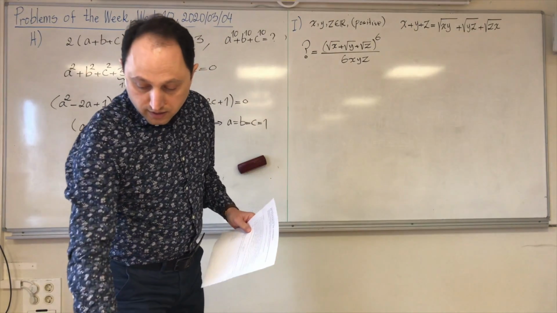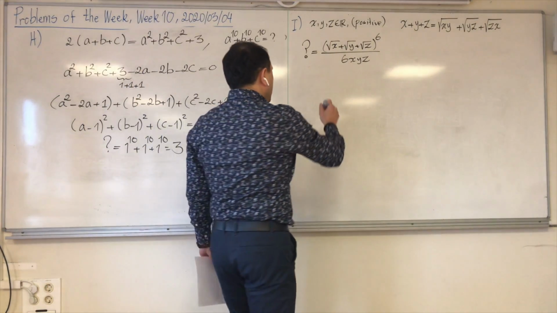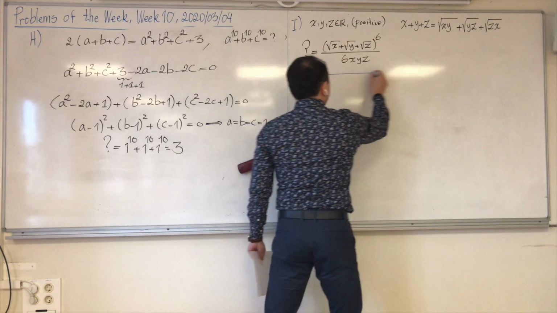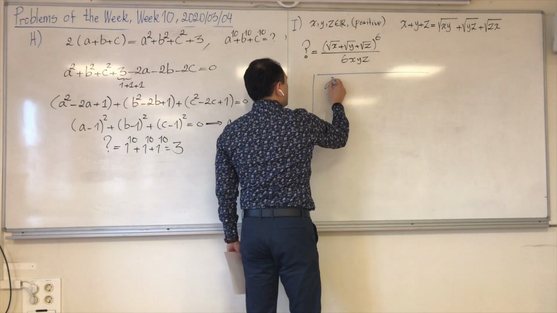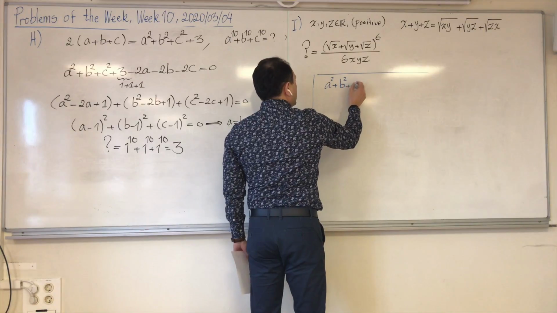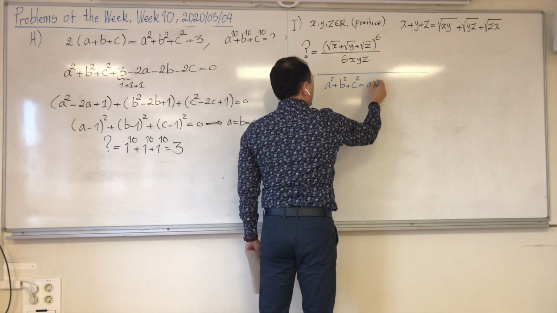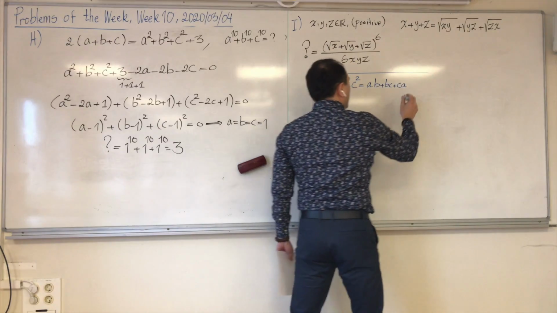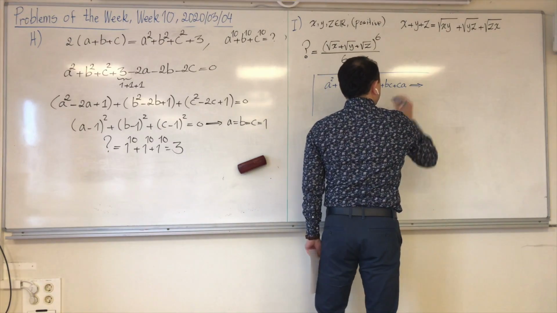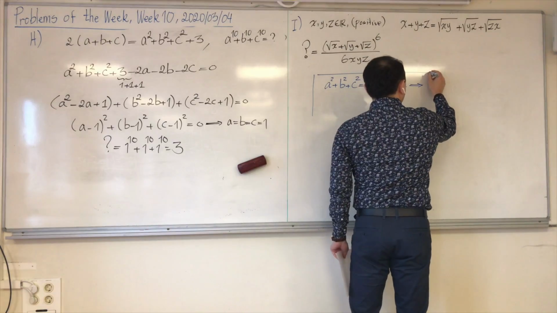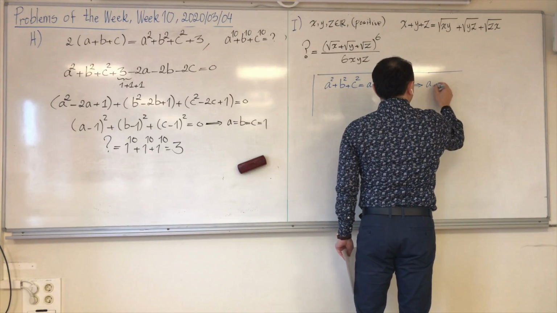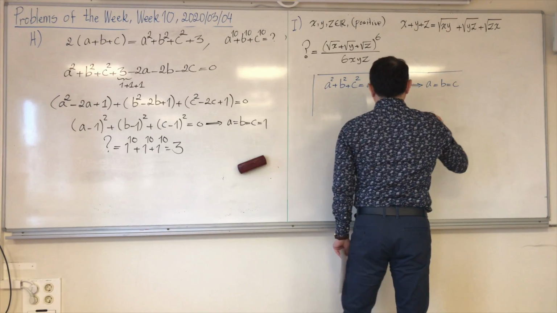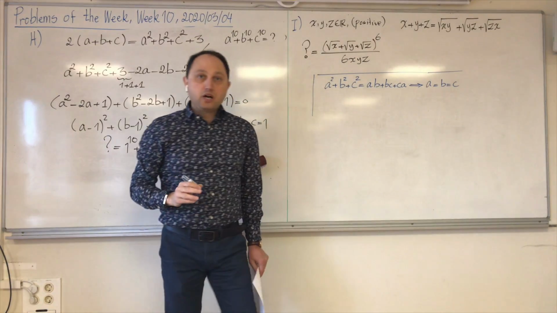In that theorem, I show that if a squared plus b squared plus c squared is equal to ab plus bc plus ca, you can immediately conclude that a is equal to b is equal to c.